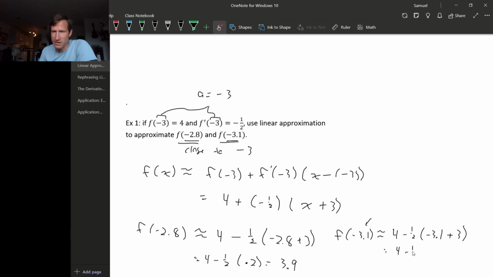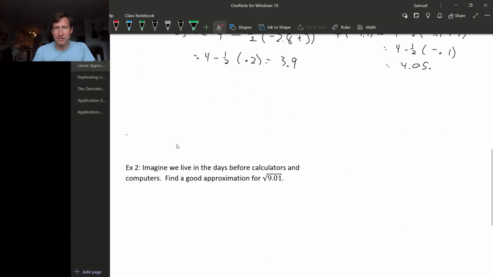So 4 minus 1 half times minus 0.1. So this is 4.05. Okay. You can see if you have a linear approximation based at a certain x value, you can use that multiple times for any input that's close to that base point. What I mean by close, I'm going to leave vague. It actually depends on how much this function wiggles around, which we don't know at the moment.